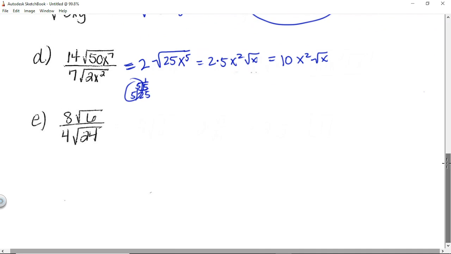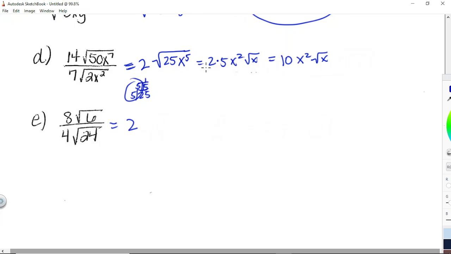Okay, so we first divide the numbers out front. 8 divided by 4, so that's 2. And there's no variables this time, but we take 6 divided by 24. Well, that's a fraction this time. Look at the one we did above, D, we had 50 divided by 2, that gave us 25, not a fraction.